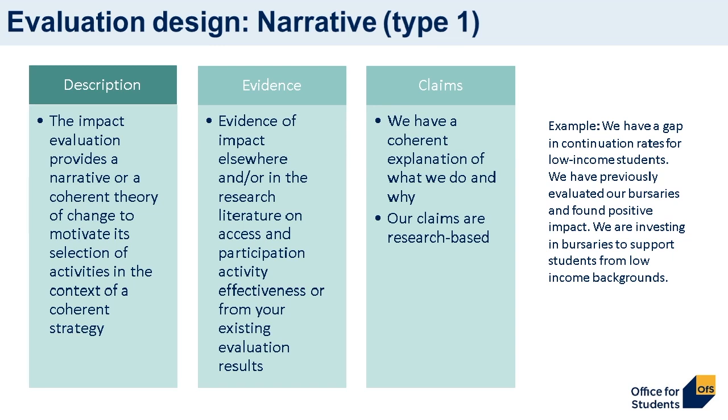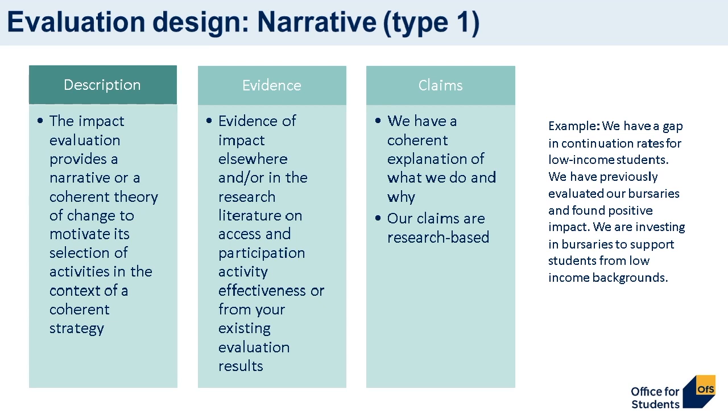So each type of evaluation can generate a type of evidence, and from that evidence there are either weaker or stronger claims that can be made. And I've put an example here on the right of a provider who has evidence from a previous evaluation that they undertook around the impact of their bursaries, and they've used that as evidence to continue investing in financial support, but for a slightly different purpose.